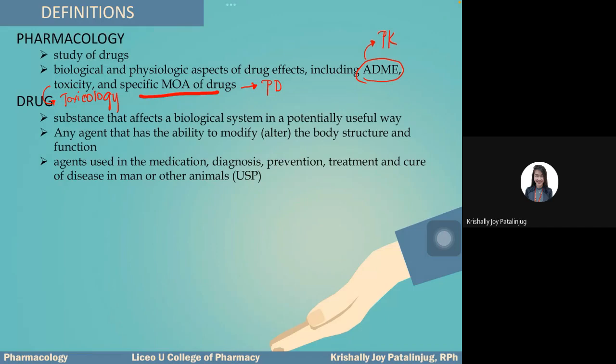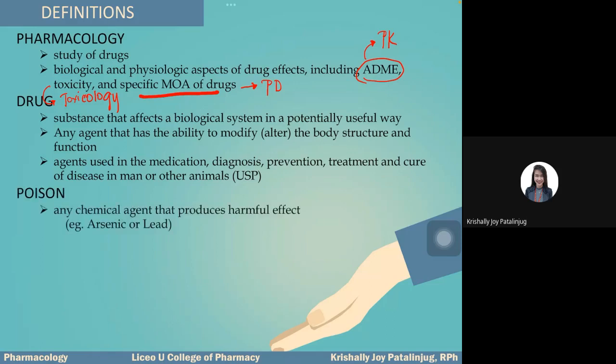And by USP definition, drugs could be defined as any article, any agent used in the medication, diagnosis, prevention, treatment, and cure of disease in man or other animals. So somehow you're familiar about this definition. This is reflected in your reference book in DDS. You can scan it over. So that's one of the USP definition of drugs.